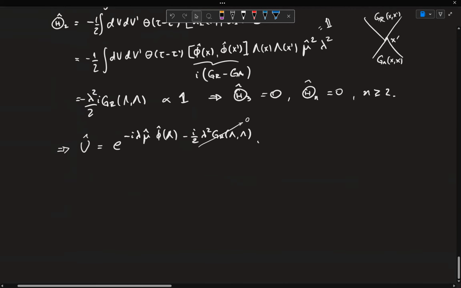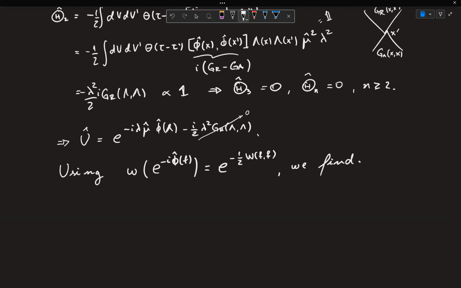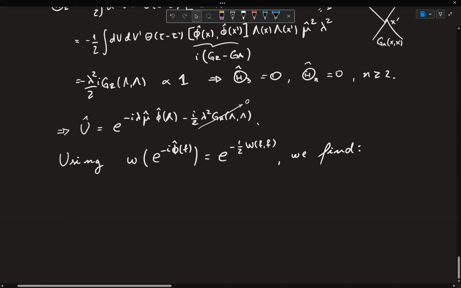And now using this U, together with the fact that, so I'm just going to write here the final result because it's already getting late. Using that omega of e to the minus i phi f is e to the minus 1/2 W of f f. What we find here is the final result: the final state of the detector is given by rho d, whatever the initial state was.